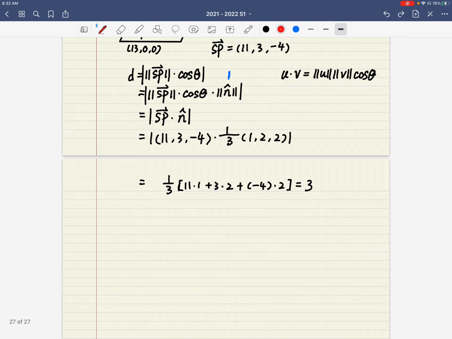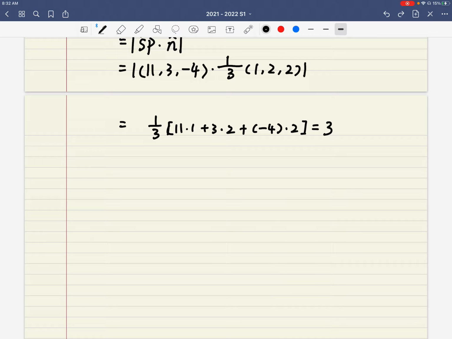And part C. Part C is the distance between two parallel planes.